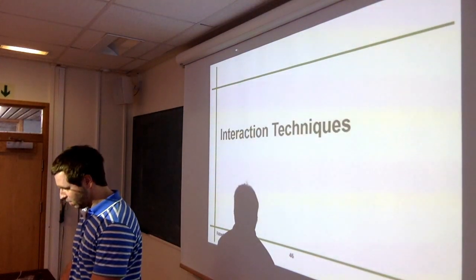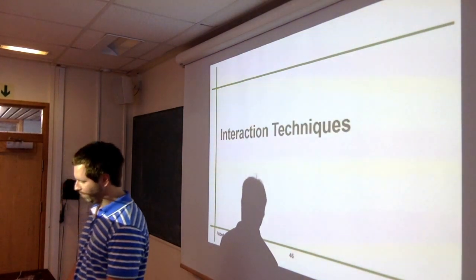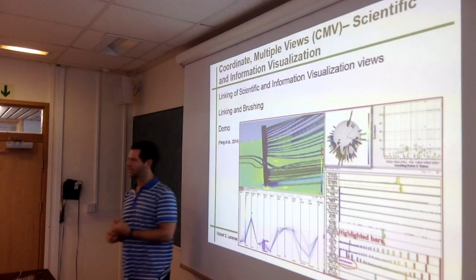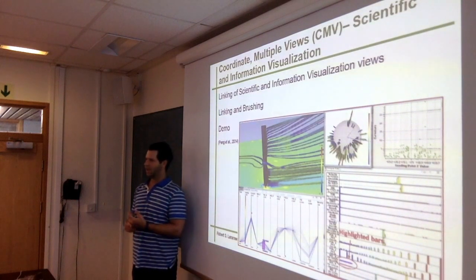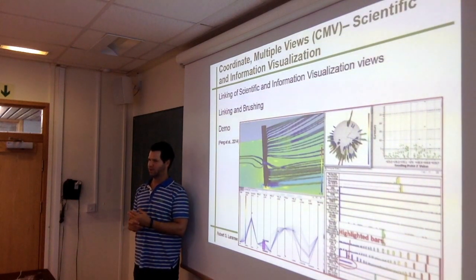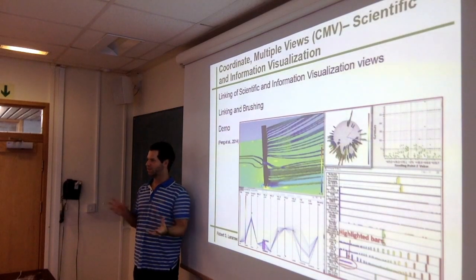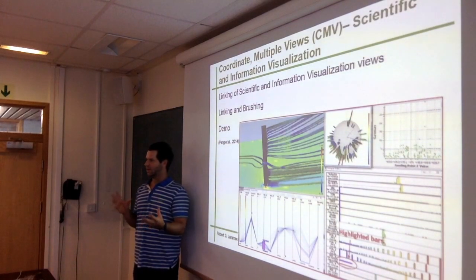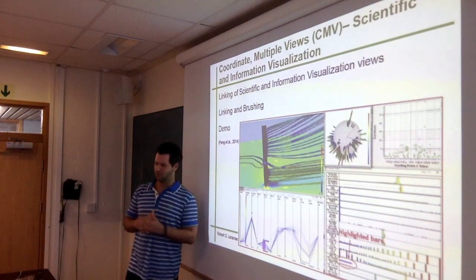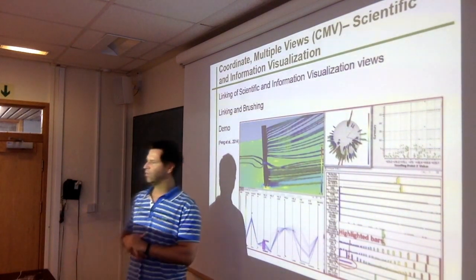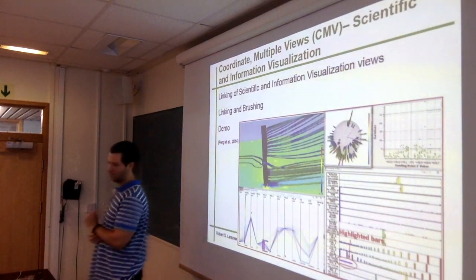Okay, and then, so we saw some interaction techniques in the chord diagrams video and in the angular histograms video, right? We saw the user clicking on different parts of the diagrams, bringing them into focus, and using focus and context techniques and brushing techniques with the visualizations.